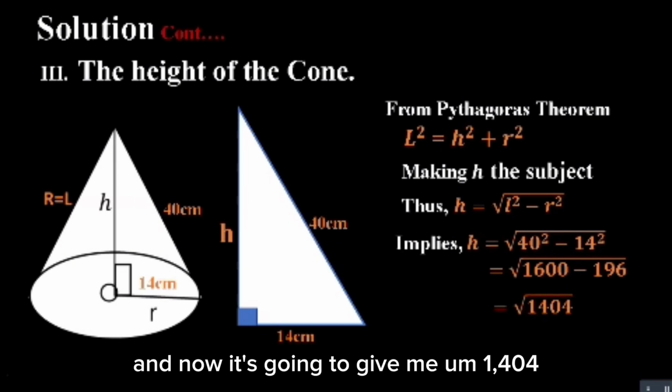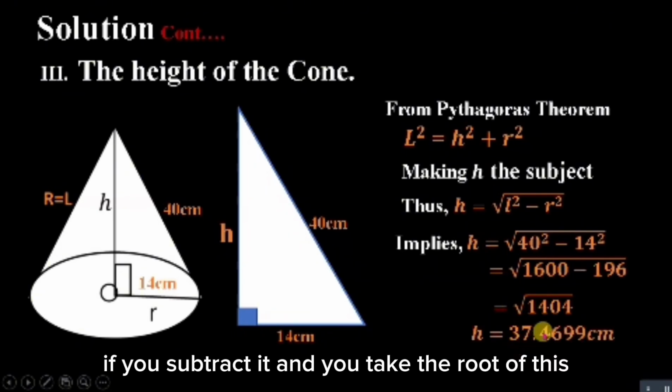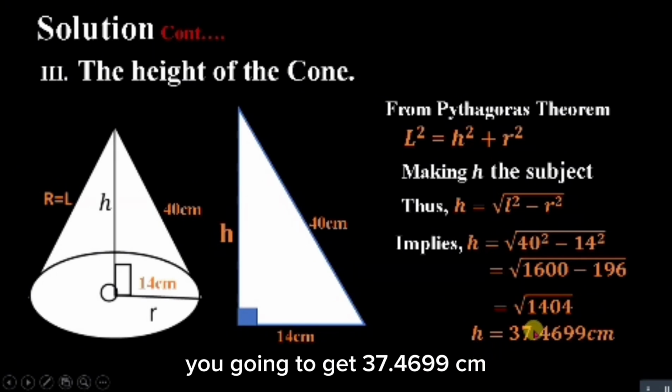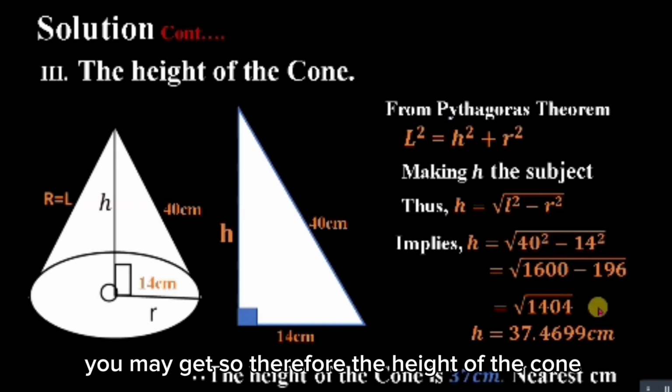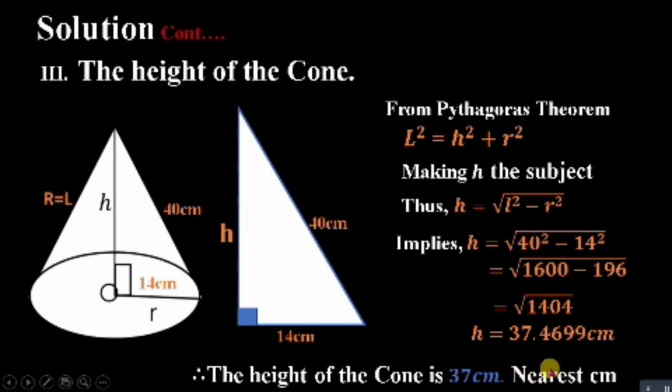And you take the root of this, you're going to get 37.4699 centimeters. You can use this figure to work with the other questions you may get. So therefore, the height of the cone is 37 centimeters to the nearest centimeter, or to two significant figures.